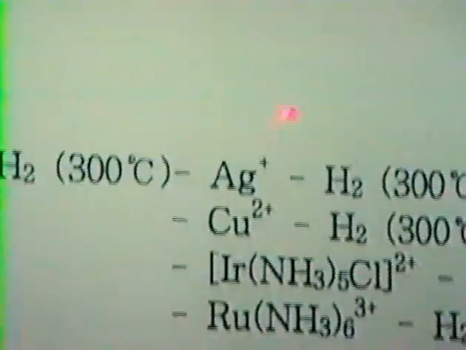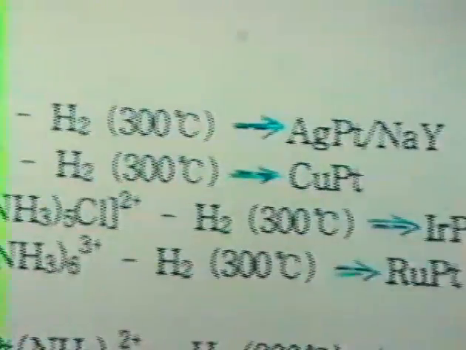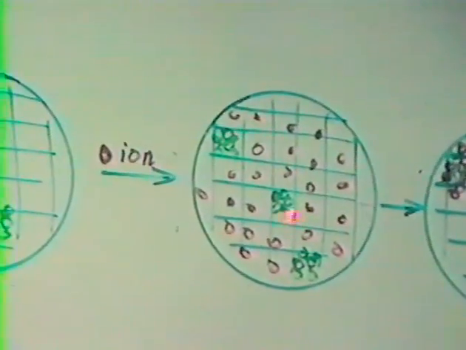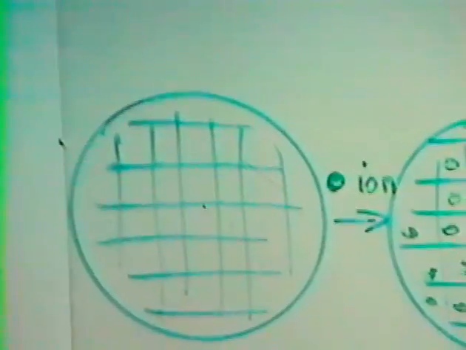And then we did ion exchange of silver here. And then when we directly reduce the silver, the reduction of silver is catalyzed by the platinum, and then the silver atom is adsorbed onto the platinum, forming this bimetallic cluster.